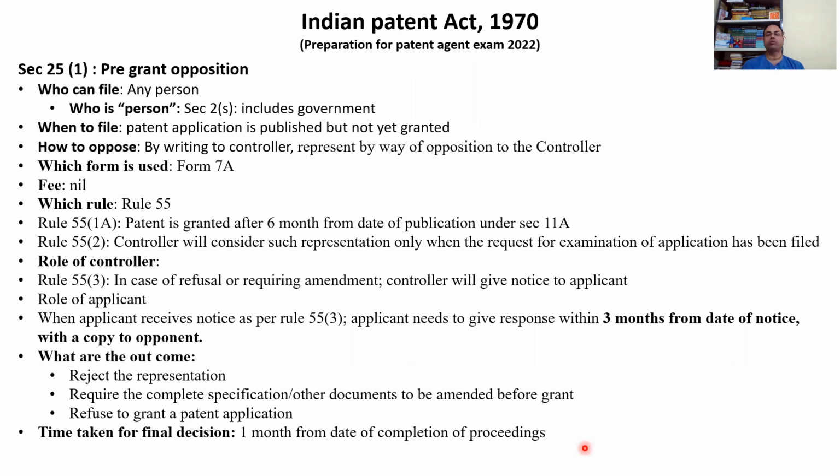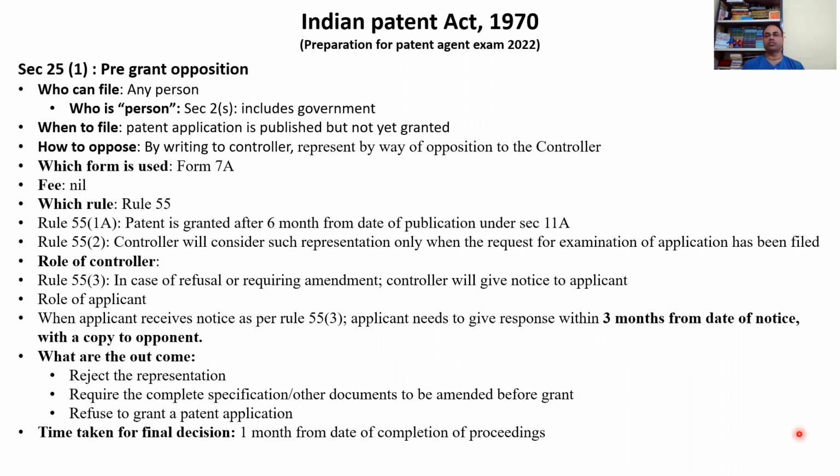So when the controller gives the final decision, if there is a hearing, it works like this: you file the application, and there is a time period before the grant. A pre-grant opposition is filed by way of representation, and then discussion happens between you, the opponent and the controller.